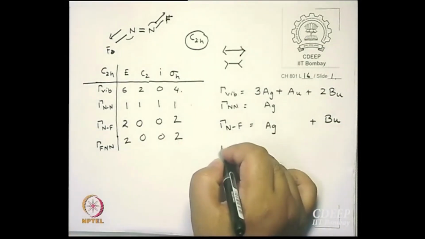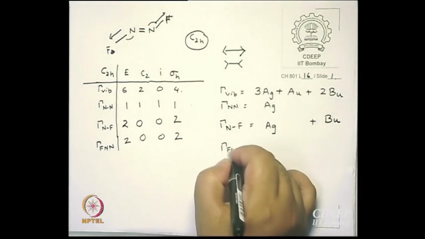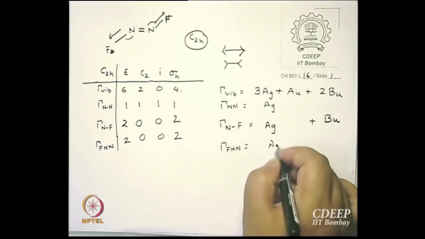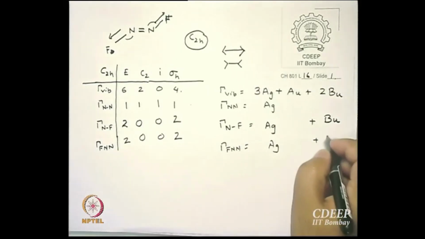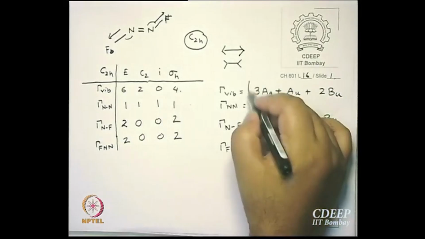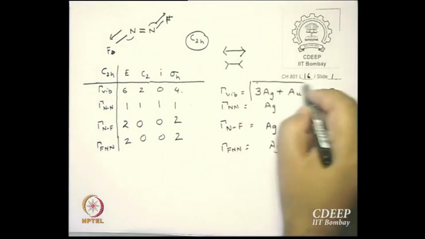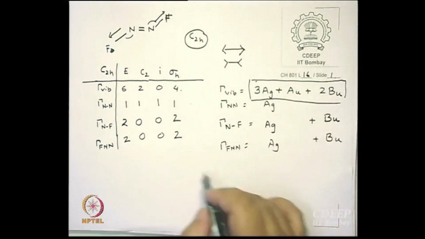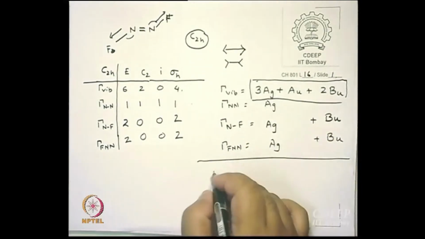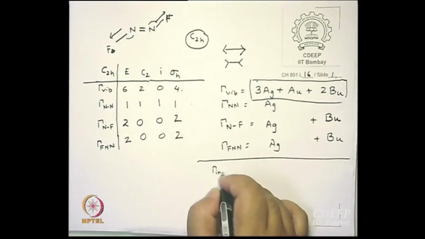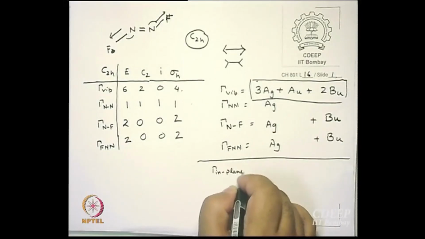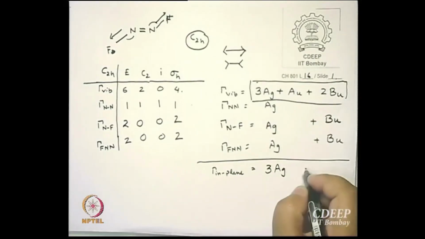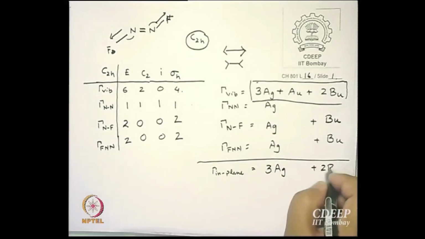So once again, gamma angle is equal to Ag plus Bu, right? So this is the total, and so far what have we got? I will call this gamma in plane. For all the in plane motions, I have got 3Ag plus 2Bu.